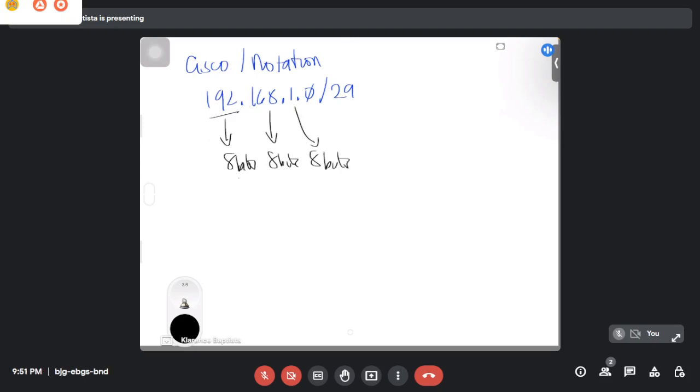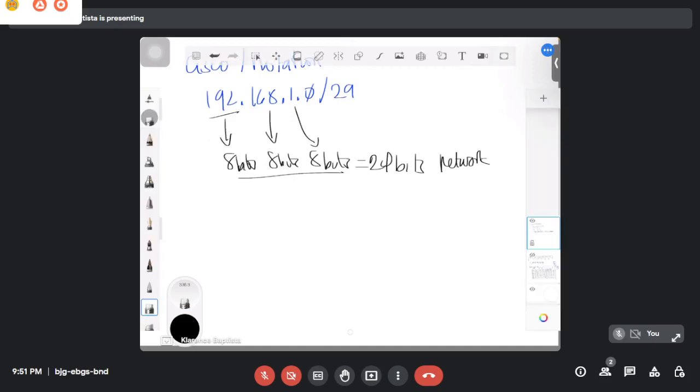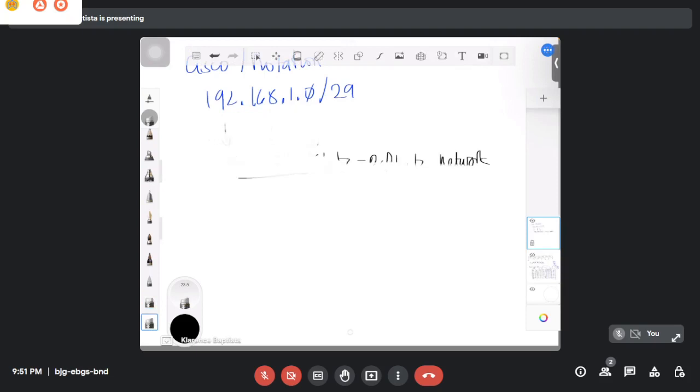So, kapag in-add po natin lahat yan, that would be 24 bits for the network. Dahil magsa-subnetwork po tayo, may mga instances na makikita po kayo na ganito, 192.168.1.0/29. So, by default, kung wala po tayong subnet, ang default network bit po natin is /24.